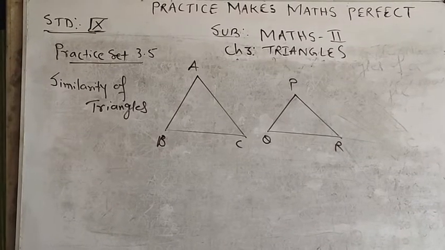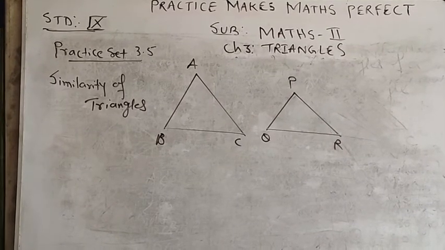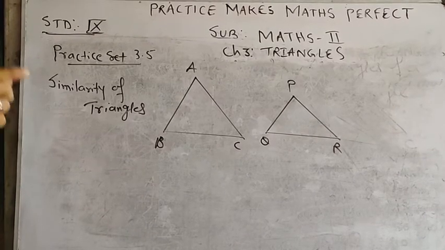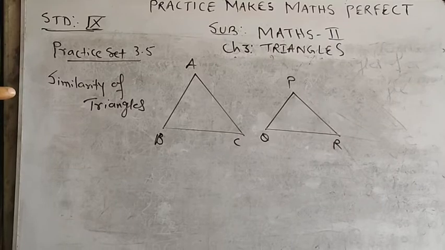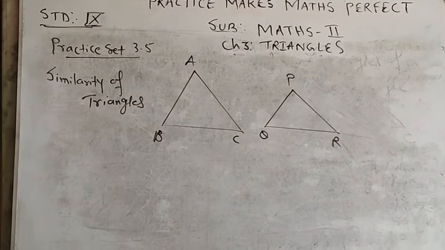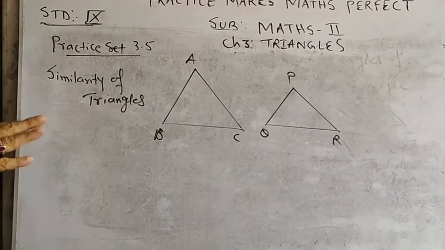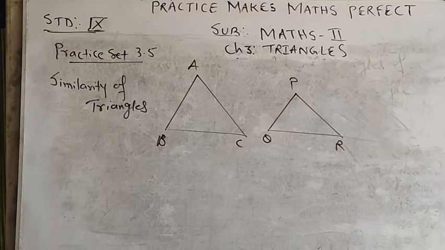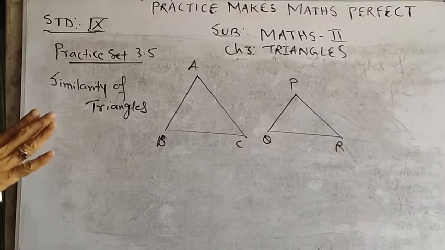Totally the chapter is based on similarity only. So you should know the concept related to this. Of course, in 10th standard you have a vast concept, but in 9th standard only one concept is given to you, that is based on similarity.